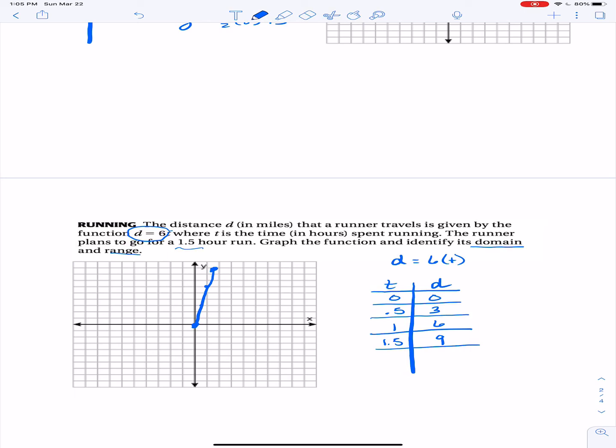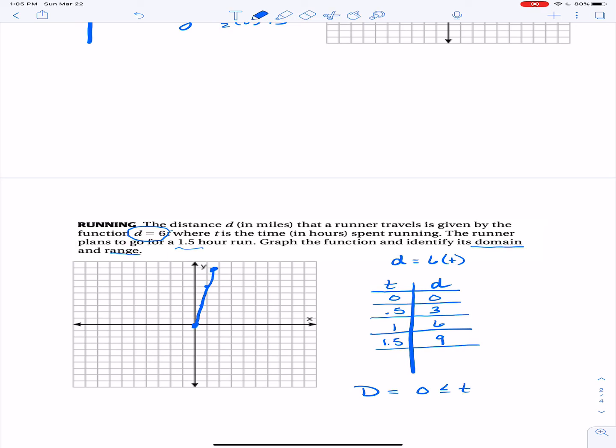Okay. So all we need to do is go domain equals. Well, your domain is your x values. So we know that my domain is from 0, okay? But in this case, we're not using the letter x because they want us to use the letter t.